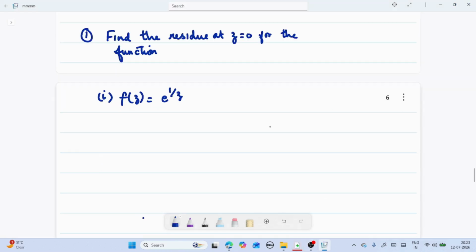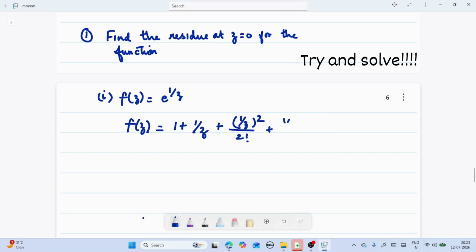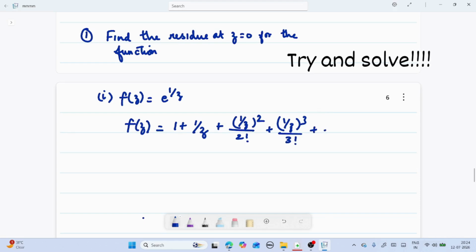Let us find the residue at z equal to 0 for the given function f of z equal to e to the power 1 by z. How are we going to expand this? We have done this question earlier. f of z can be represented as 1 plus 1 by z plus (1 by z) whole squared by 2 factorial plus (1 by z) whole cube by 3 factorial, and it goes on.